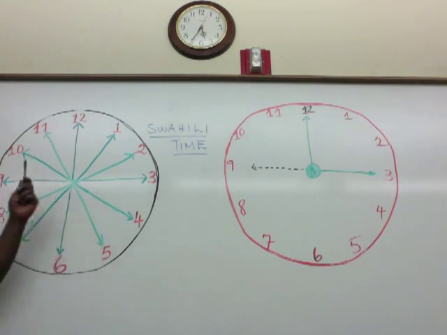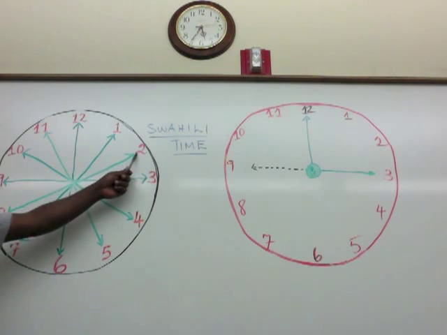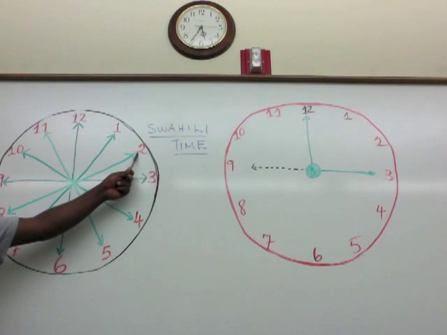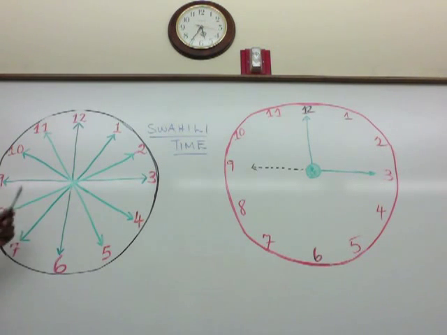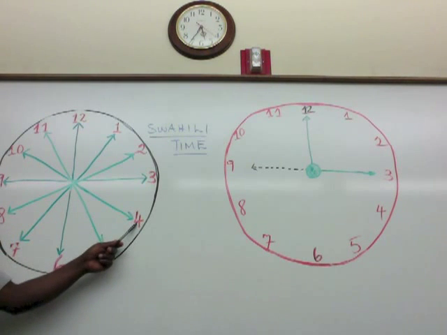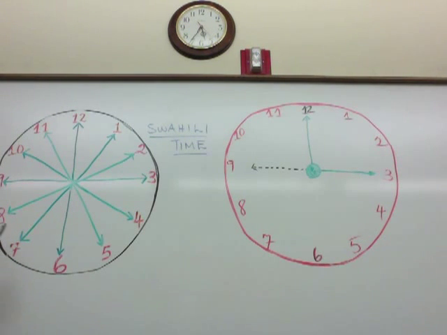I'm going to say the opposite again. Saa tisa. It is 8 in English. I'm going to say it in Swahili, saa mbili. What if it is 10 in English? I'm going to say saa nne. What if it is 11 in English? I'm going to say saa tano.